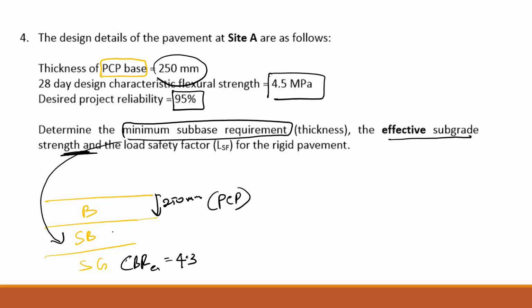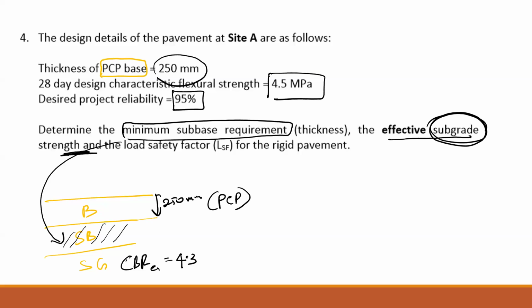But after putting this sub-base, the effective subgrade strength will be different. So we are going to find that value when we put the sub-base. What will be the effective subgrade strength? The subgrade strength will be increased because of putting a sub-base. Subgrade is your native soil. Sub-base is a concrete layer that we are going to put.